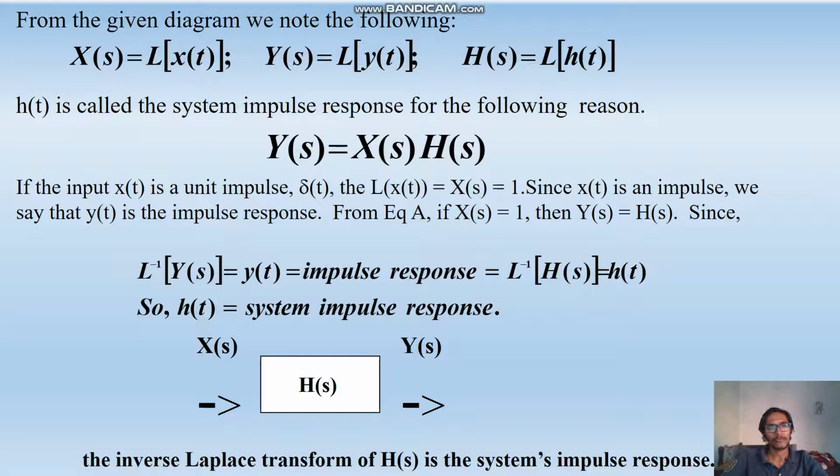So we have h(t), which is called the system impulse response. So the inverse Laplace transform of H(s) is the system impulse response, and we can use the inverse Laplace transform to find the system impulse response if needed by simply using H(s).